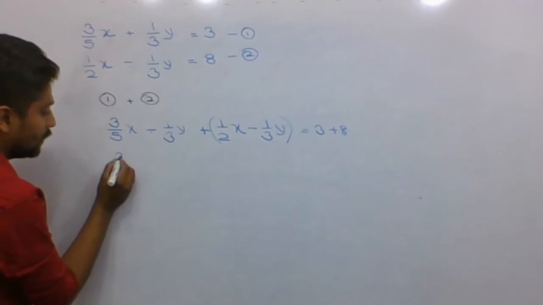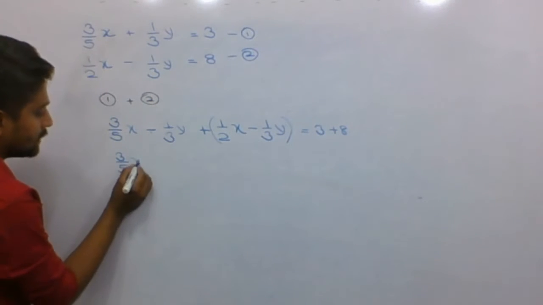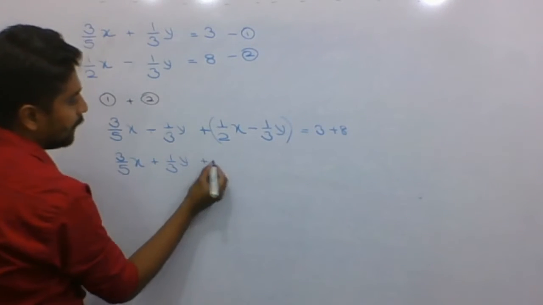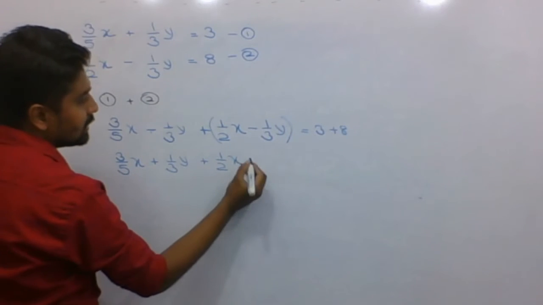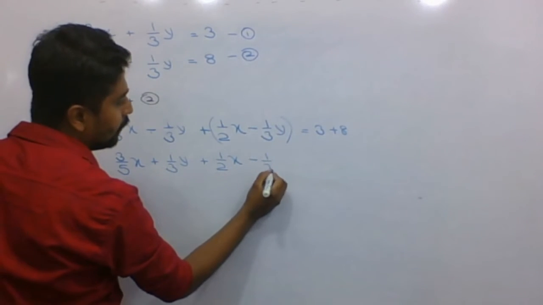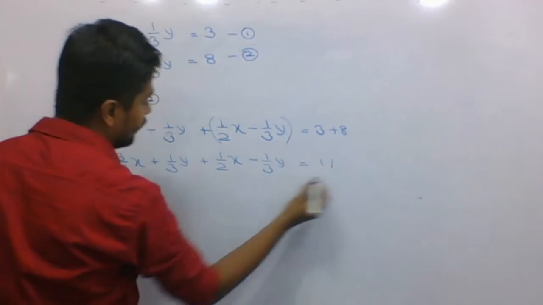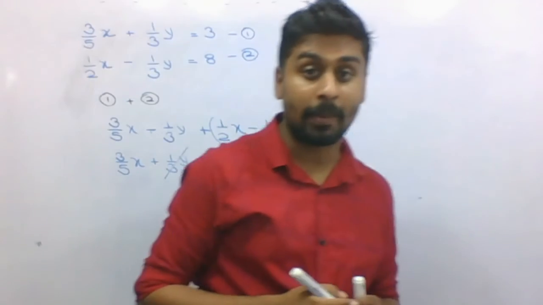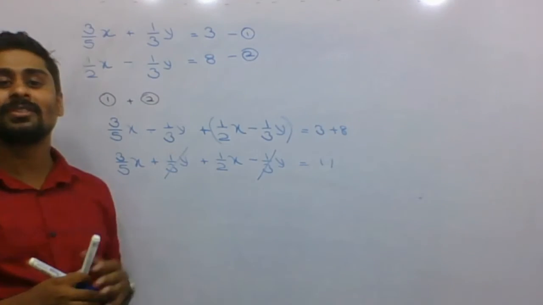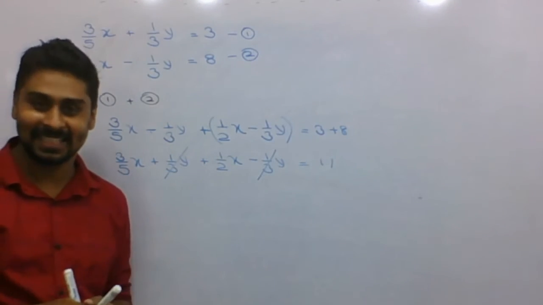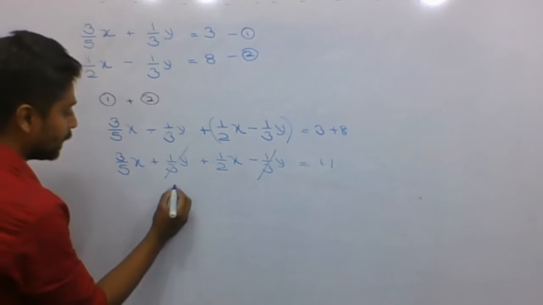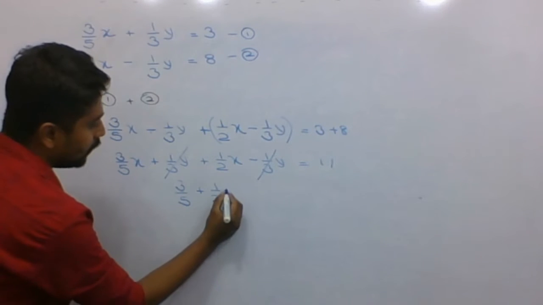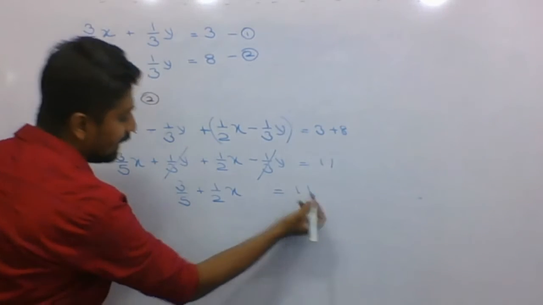Now we can simplify the brackets: 3 over 5x plus 1 over 3y plus 1 over 2x minus 1 over 3y equals 11. Plus 1 over 3y and minus 1 over 3y cancel. So what remains? 3 over 5x plus 1 over 2x equal 11.